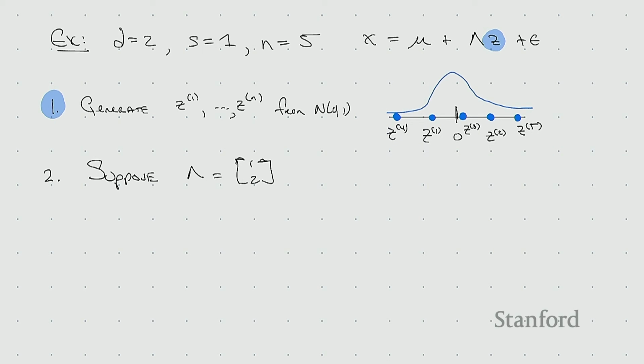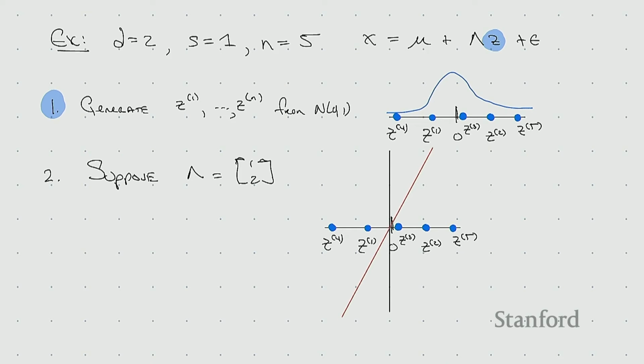Take this, copy, paste. Now we need the x-axis back. These things get mapped. Here's the line 1, 2, which goes to the origin. Then these are all mapped onto the line.